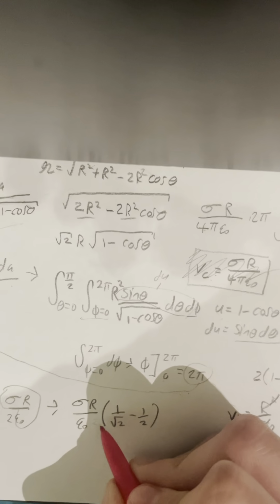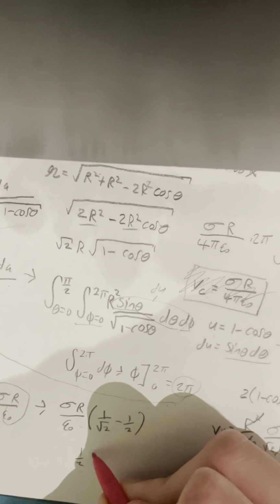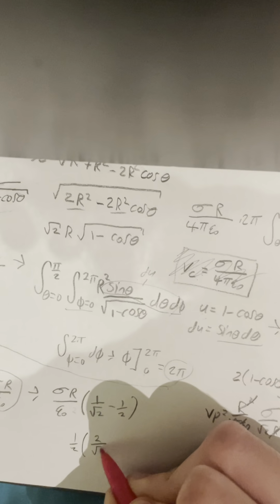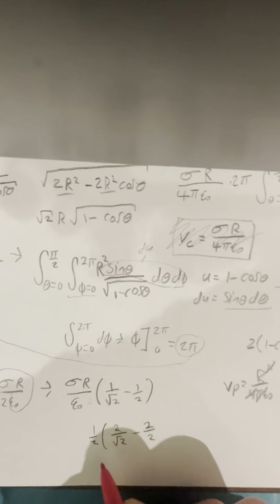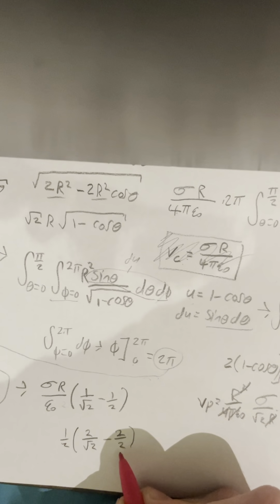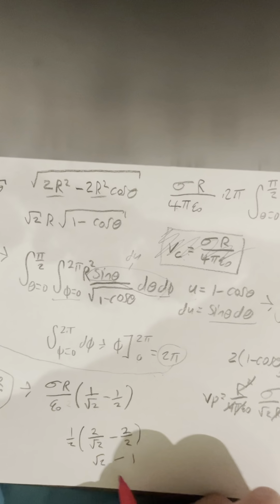Griffiths puts his answer with a 2 on the bottom right here, so we're going to factor out 1/2, and that's equivalent to saying this right here. Because if you want to factor out 2, you have to put a 2 on top. And so we know that 2 over 2 is just equal to 1. And then 2 over square root of 2 is just square root of 2.